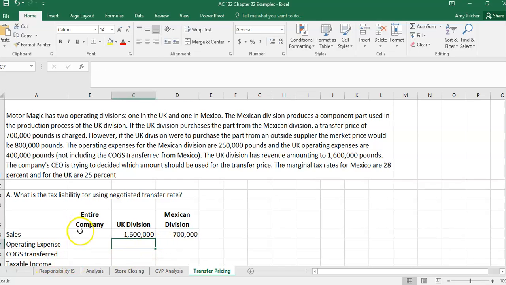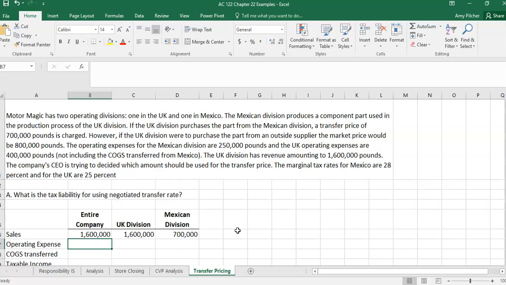Now, when we're looking at sales for the entire company, we only want the sales to the outside. We don't want to record any sales revenues for transfer prices within our organization. Those are not shown in our financial statements. We do have to have a disclosure in our notes, but we don't show the actual transfer pricing. So our outside sales is that $1.6 million.